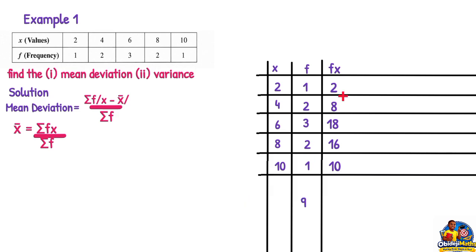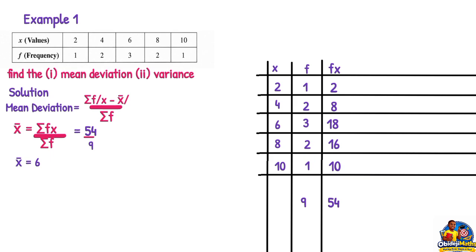Then 2 plus 8 plus 18 plus 16 plus 10 gives us 54. So our mean is summation fx, which is 54, over summation f, which is 9, which is equal to 6. So the mean is 6.